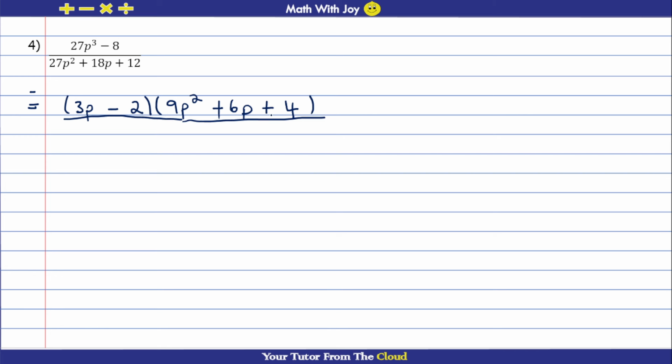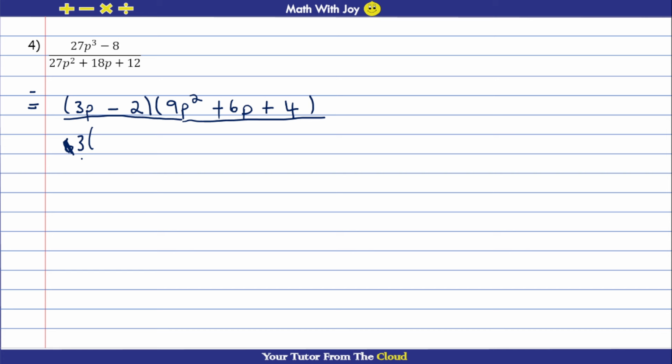So it's very important. If you haven't learned how to factorize, go back and learn that. Now at the bottom, we first have to check if we can take out a common factor. And there is a common factor here. Let me see, with the 27, we have 9 times 3.